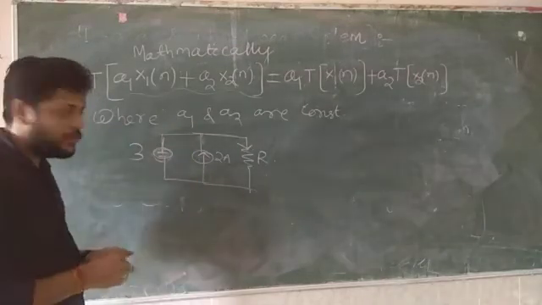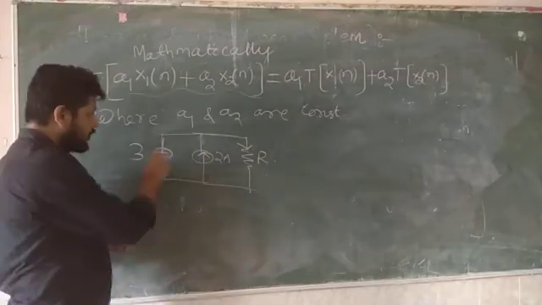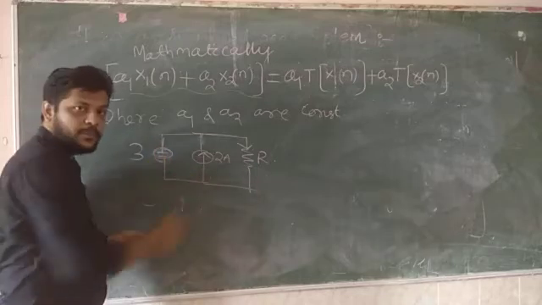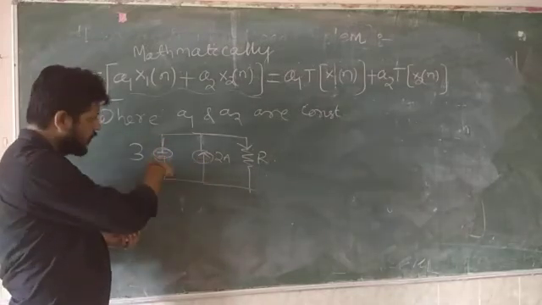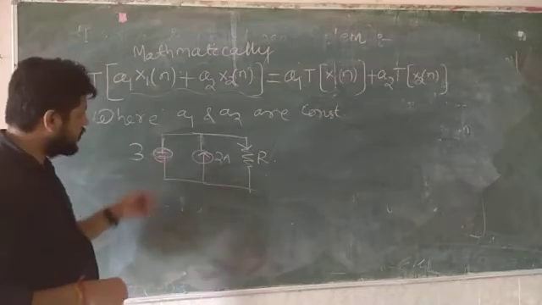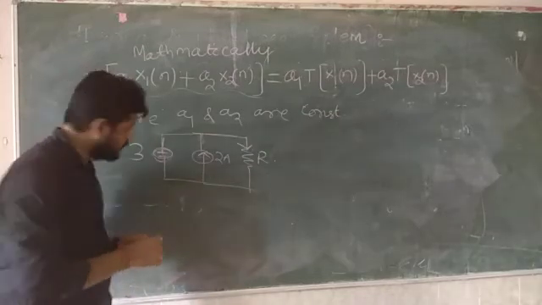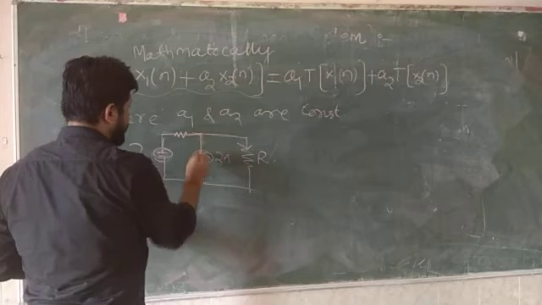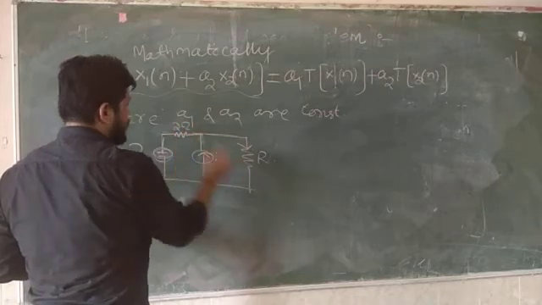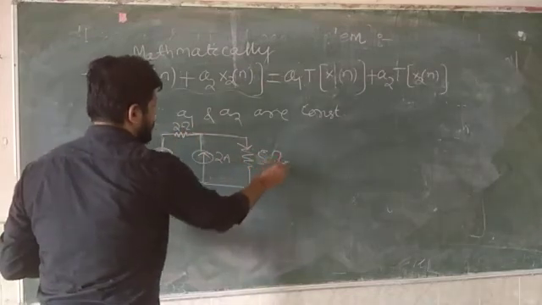In superposition, what will you do? When you apply a single source, that is 3 volt, then you open circuit this 2 ampere source, and when you apply this 2 ampere current, then you short circuit this. Wait a minute, just add one more resistance here. Suppose this is 2 ohm and this is, for example, 5.